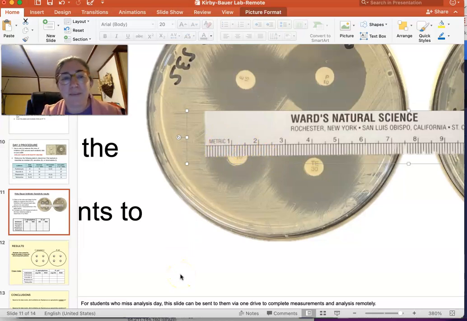So remember, there's 10 millimeters for every centimeter. So this is about 2.4 centimeters across, which would be 24 millimeters. So we would record this zone of inhibition as being 24 millimeters.